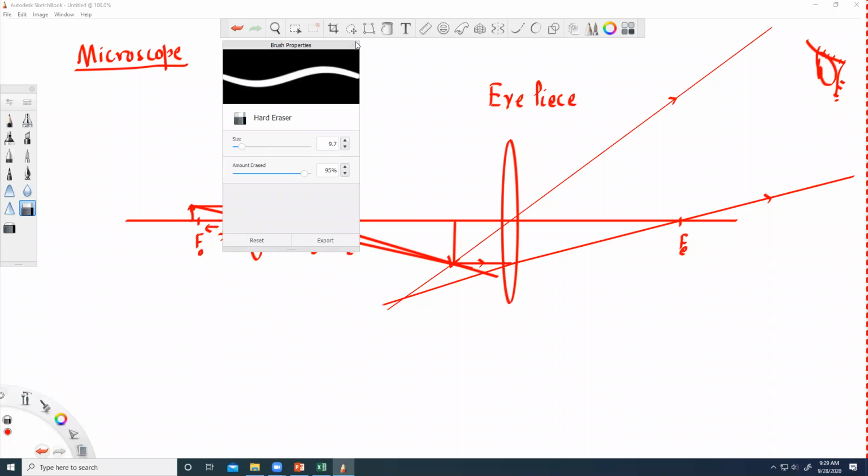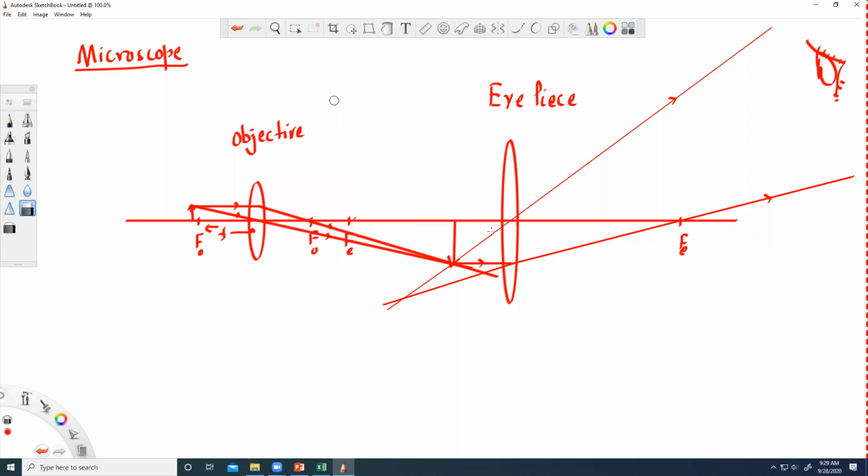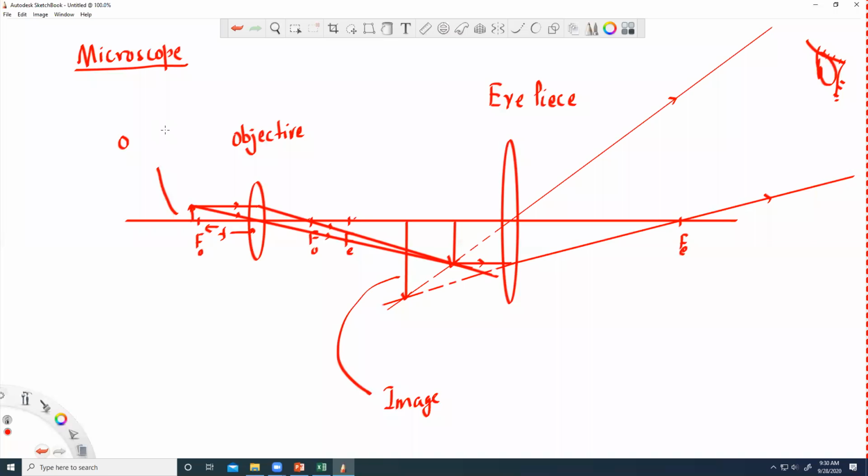Whenever you produce the lines backward, you need to draw a dashed line, not a solid line. So that's the image due to the combined lenses. That's the object, and that's the final image.